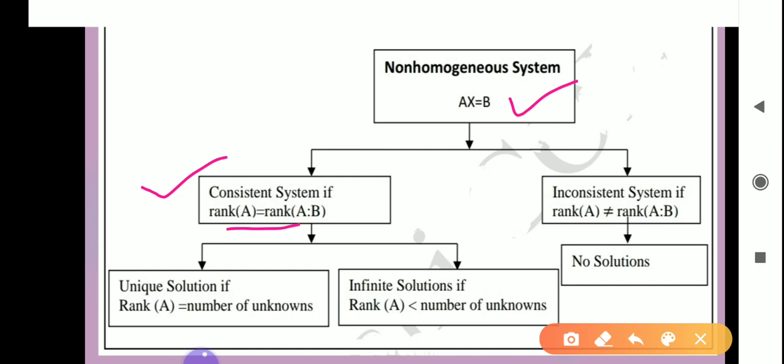We get a unique solution if rank of A and rank of AB is equal to the number of unknowns. We get an infinite number of solutions if rank of A and rank of AB is less than the number of unknowns. And for inconsistent, if rank of A is not equal to rank of AB, means if these two ranks are not equal, then we can say that the given system is inconsistent, means it has no solution.